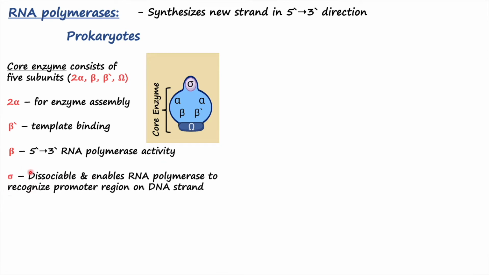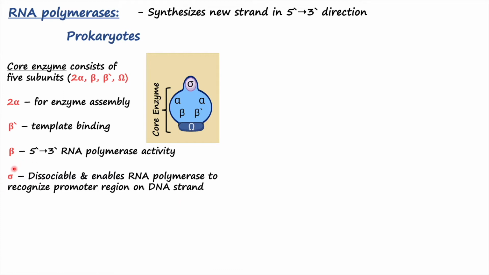And there is this sigma subunit, which is not part of the core enzyme. The sigma subunit is very important in the prokaryotic transcription process because it enables the RNA polymerase to recognize the promoter region on the DNA strand. The core enzyme itself cannot recognize the promoter region on the DNA strand to start synthesizing the new strand.